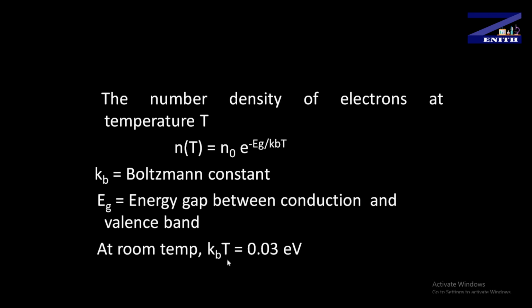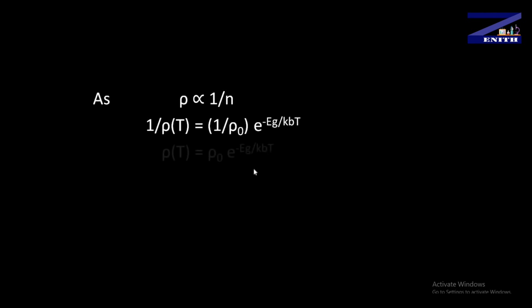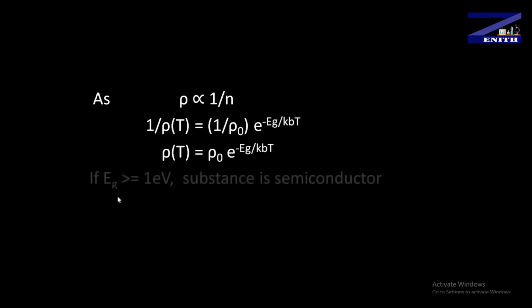At room temperature, kB T equals 0.03 electron volt. Now, as the resistivity is inversely proportional to n, or the number of free electrons, we can write 1 upon rho_T equals 1 upon rho naught e to the power minus Eg by kB T, or we can say rho_T equals rho naught e to the power Eg by kB T.